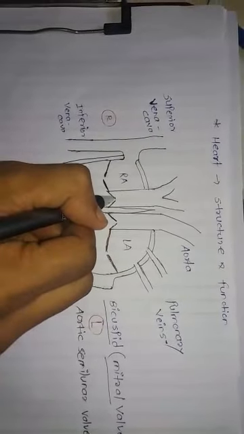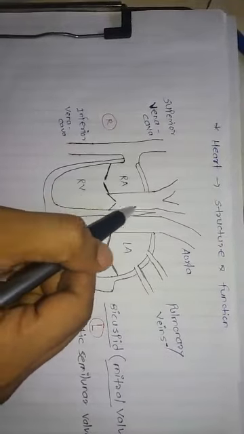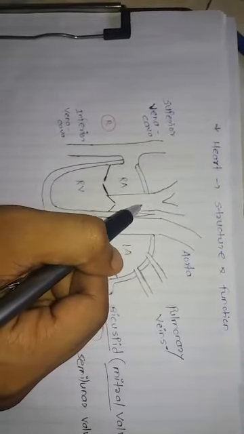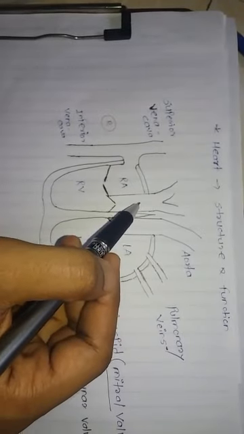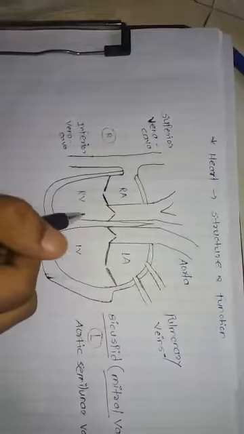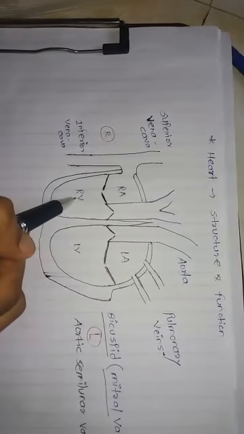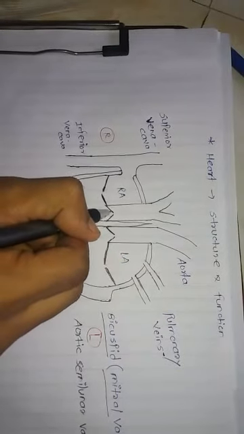Then we have this pulmonary artery, a large vessel, which carries deoxygenated blood to the lungs. So between the right ventricle and pulmonary artery we have the pulmonary valve.